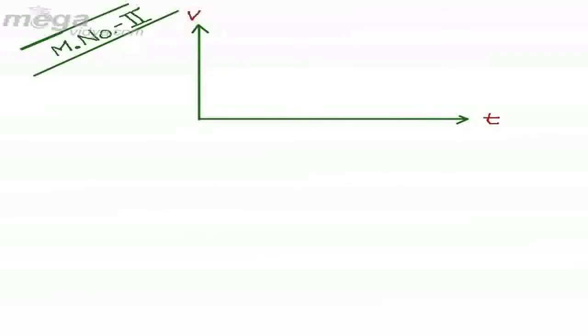Now just see, during the first 2 seconds the average velocity is 100 centimeter per second, but for the next 4 seconds it becomes just 55 centimeter per second. It gives us the idea to think about the acceleration. As you know, if acceleration is negative, then the velocity of the particle decreases.